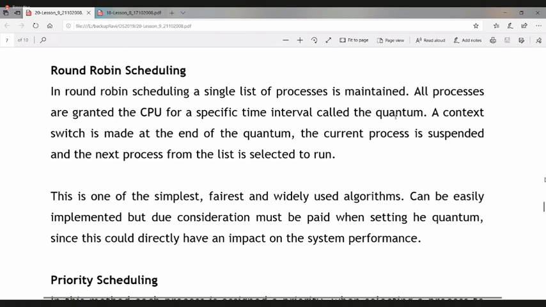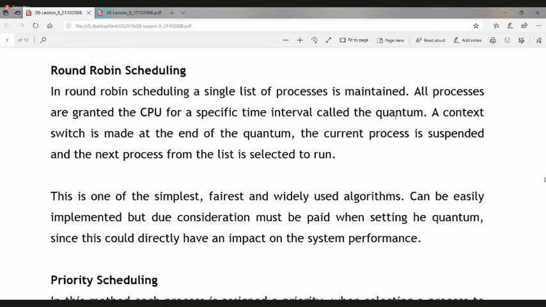Right? The time interval is known as the quantum. So each process you give one quantum. Once it is finished, you give the second process another quantum, then the third process another quantum, in the same order. So you can go around like a circle.